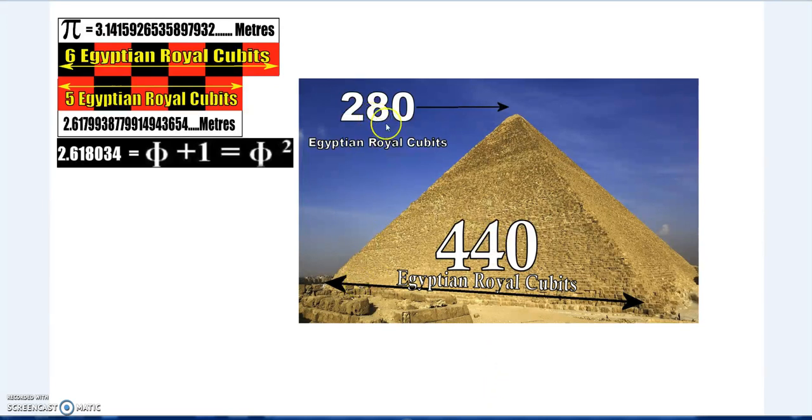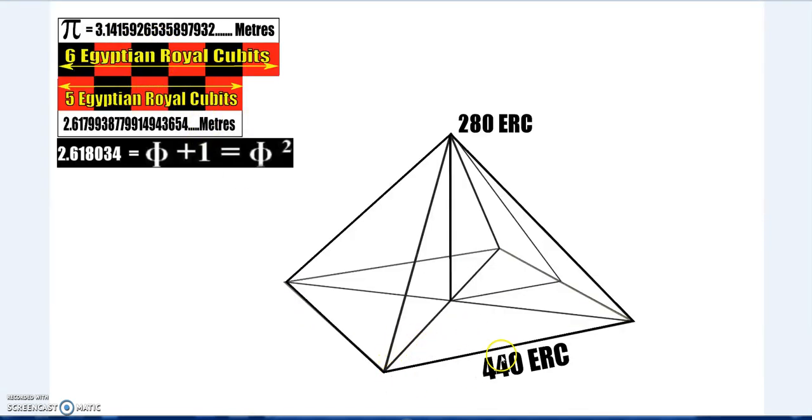But so the height, 280 Egyptian Royal Cubits. That would, of course, be missing the top now. And each base is 440 Egyptian Royal Cubits. So the relationship between cubits and meters there. 440 at the base, 280 high.